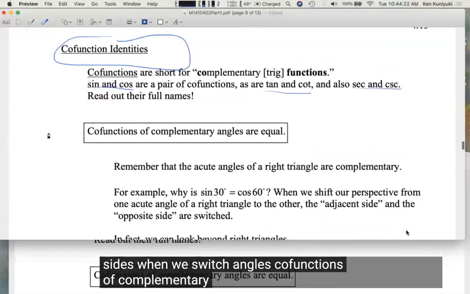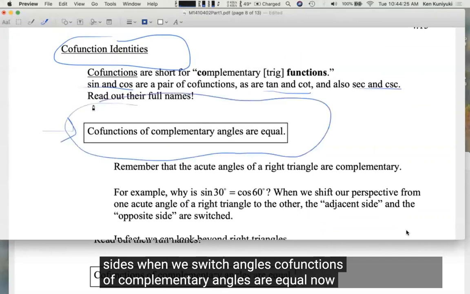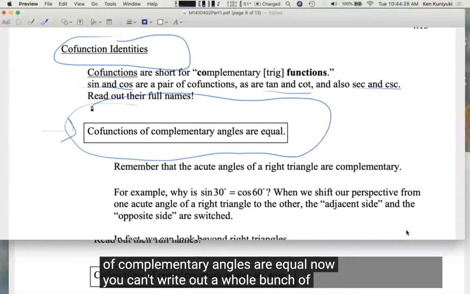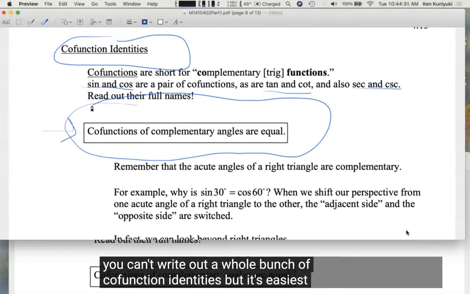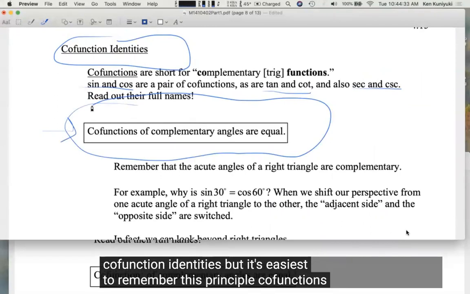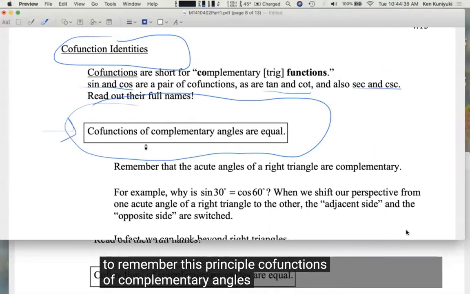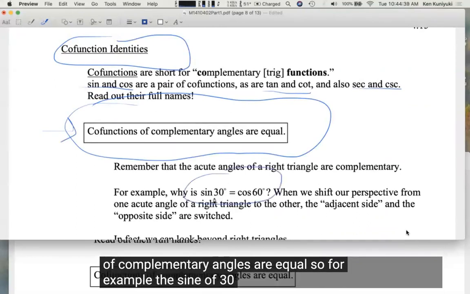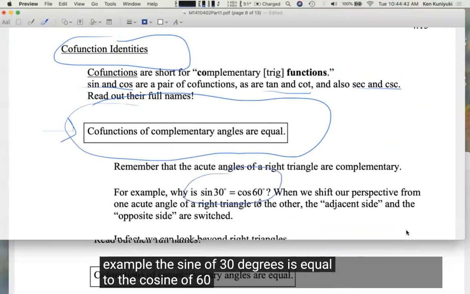Cofunctions of complementary angles are equal. Now you can write out a whole bunch of cofunction identities, but it's easiest to remember this principle. Cofunctions of complementary angles are equal. So for example, the sine of 30 degrees is equal to the cosine of 60 degrees.